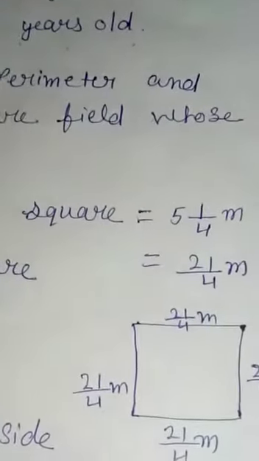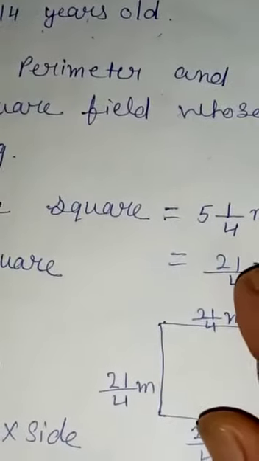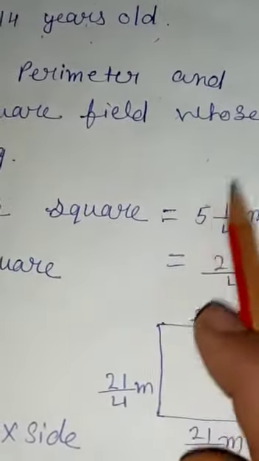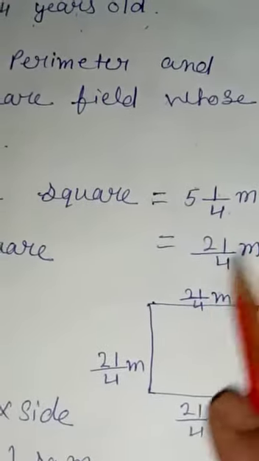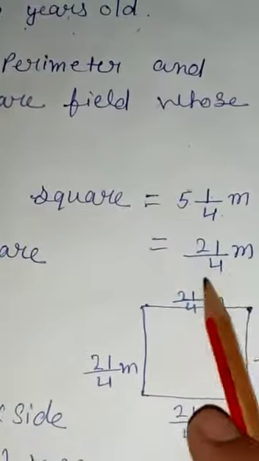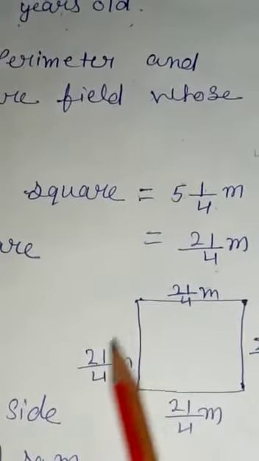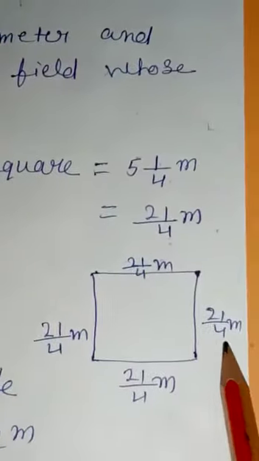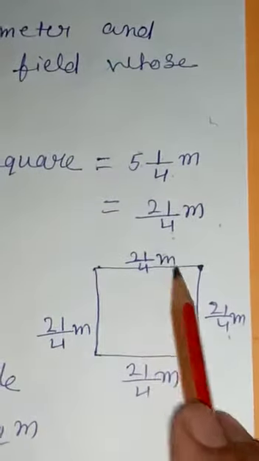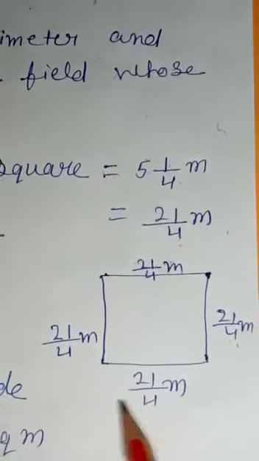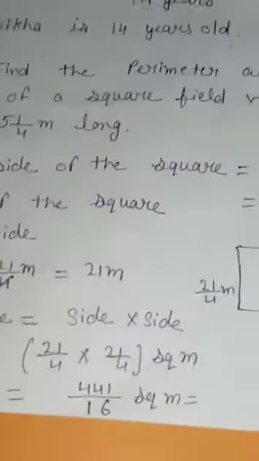It can be written as 4 5s are 20, 20 plus 1, 21, 21 by 4 meter. Each side of the square is 21 by 4 meter. We know that all sides of the square are equal. So the sides are 21 by 4 meter, 21 by 4 meter, 21 by 4 meter and 21 by 4 meter.